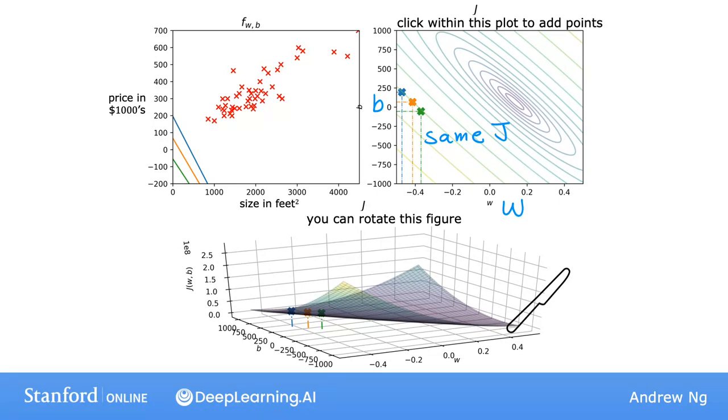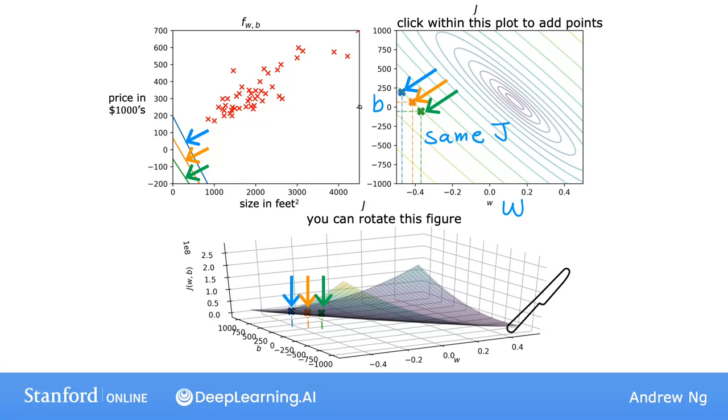So concretely, if you take that point and that point and that point, all of these 3 points have the same value for the cost function J, even though they have different values for w and b.